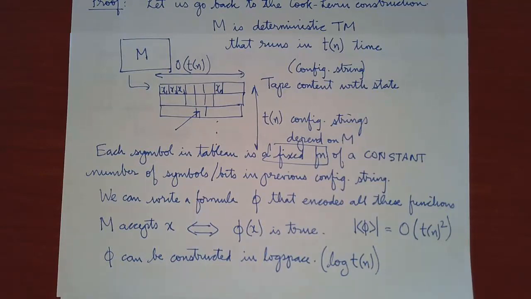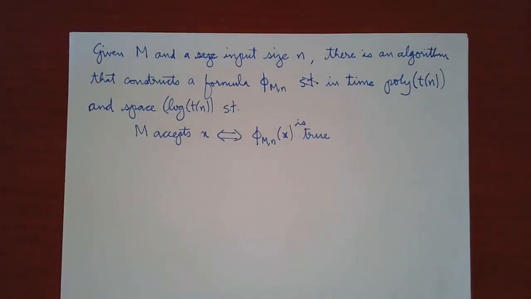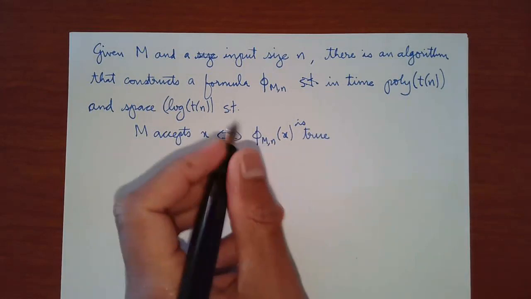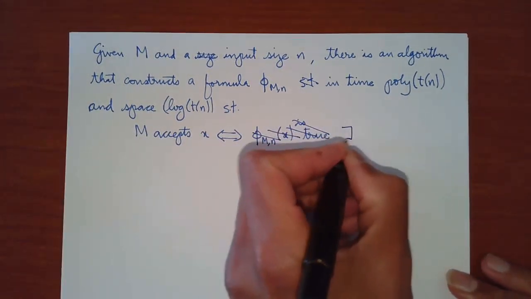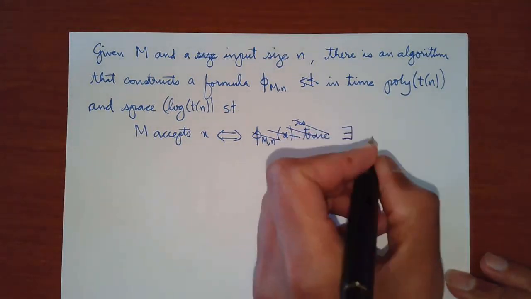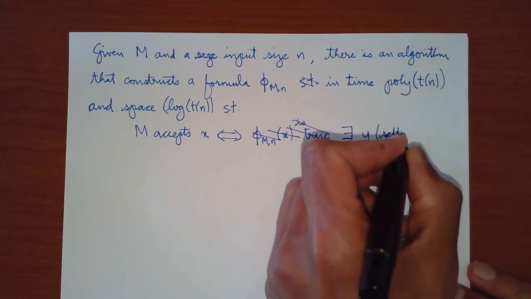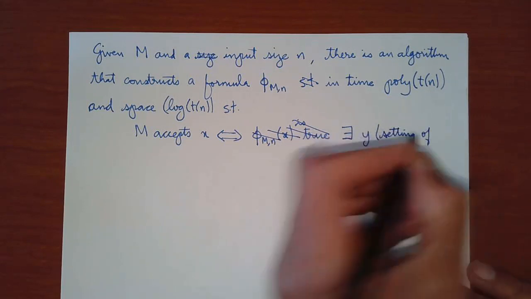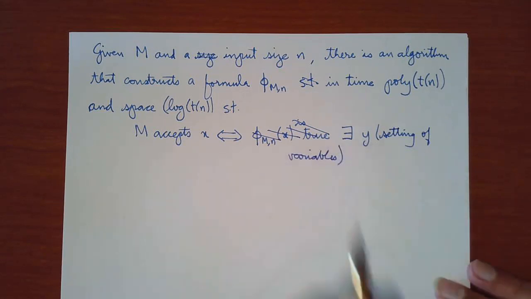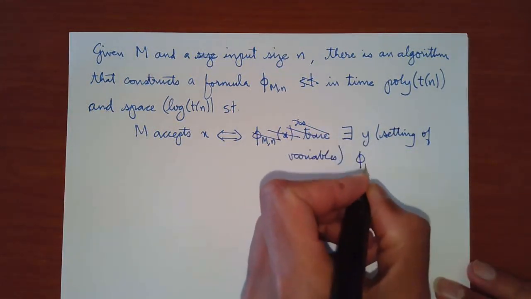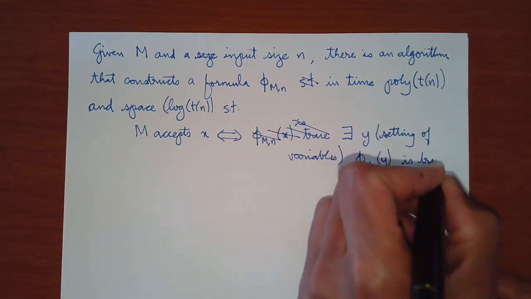Okay, so if and only if, I'll say this, there exists a y, which is the setting of the tableau, setting of the variables. There exists a setting of the y such that phi mn of y is true. Okay.